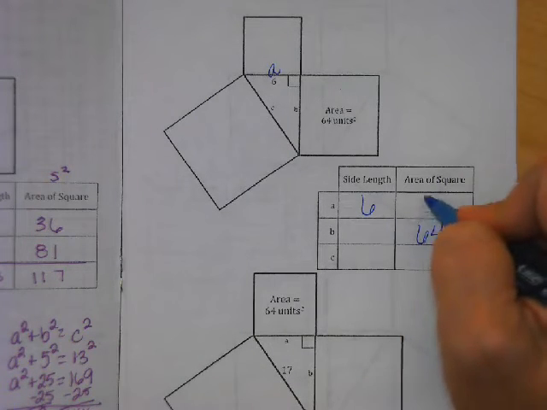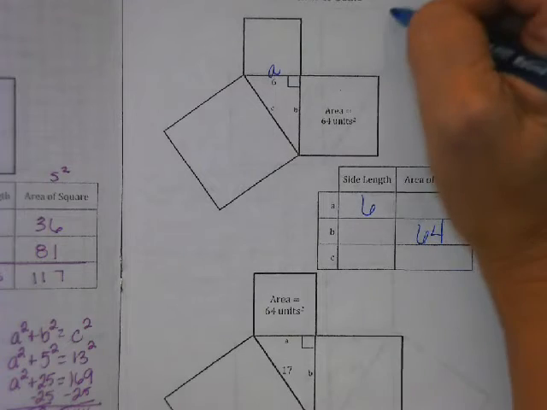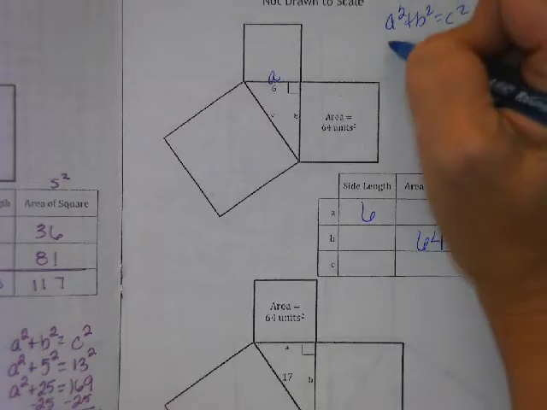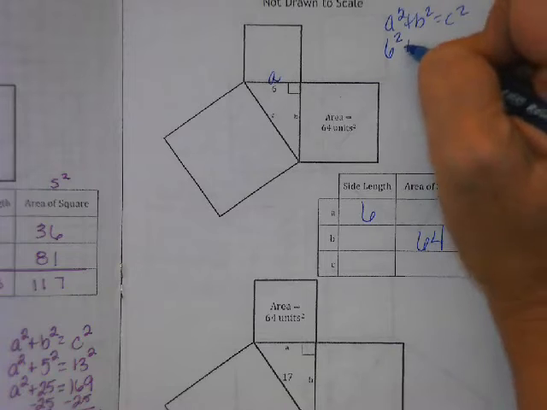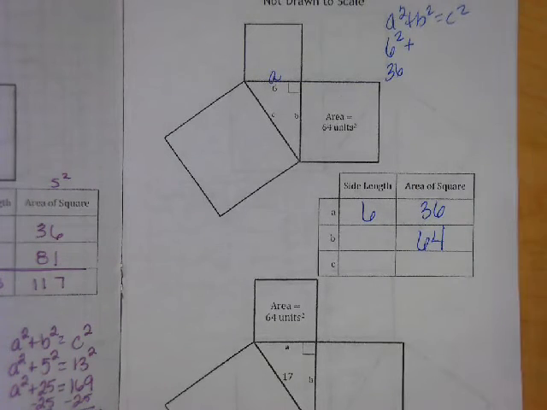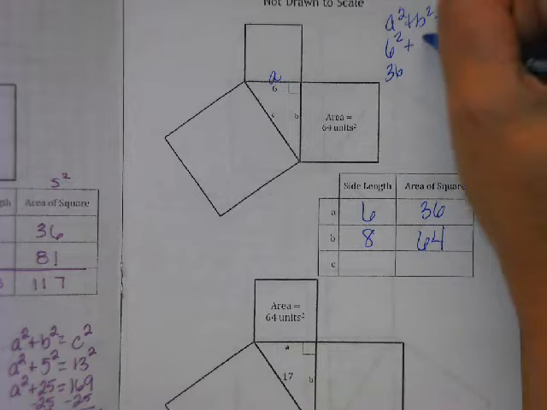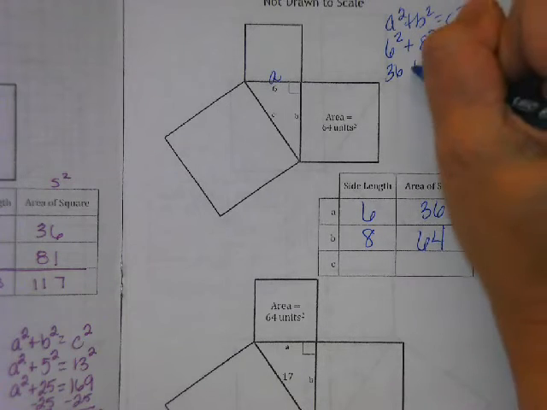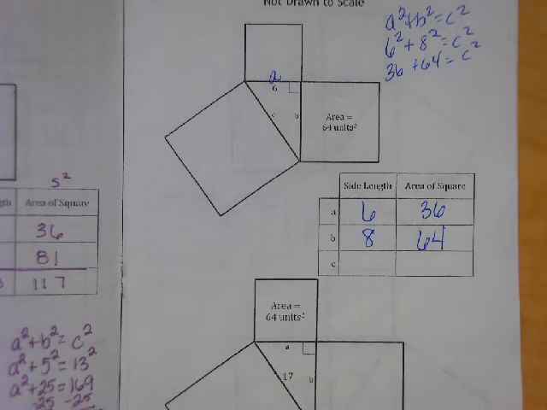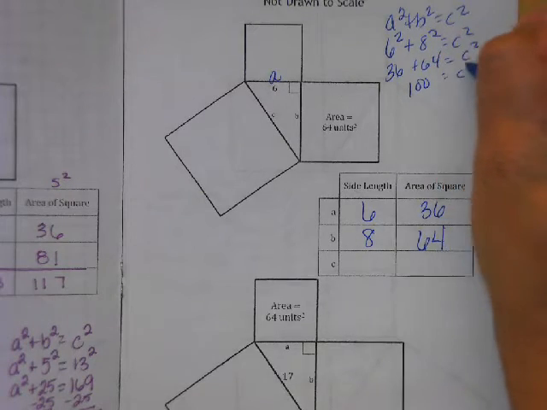Yep. 6 squared is 36. A squared plus B squared equals C squared. 6 squared is 36. What's the side length of B? 8. So we can say 8 squared, and we got the 64. So what is C squared? 100.